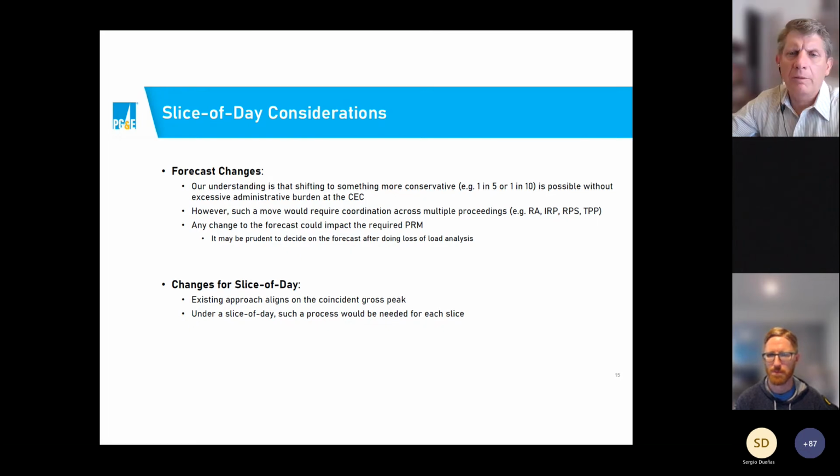Yeah, Darius, I guess from our perspective, you're right in that from a reliability standpoint, it may make sense to have a varying PRM, just because you want to make sure that you're covering the right amount and not too much. But on the other hand, from a compliance and simplicity matter, it may be much more expensive to administer a PRM that varies by month or by slice or whatever.